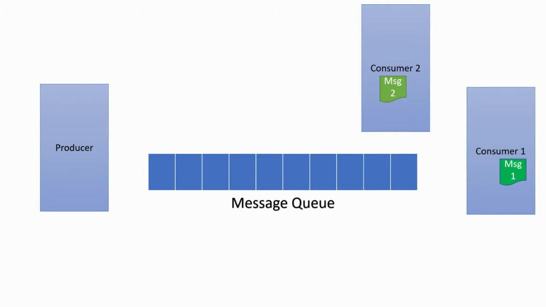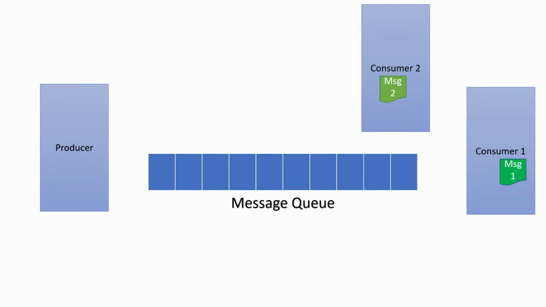The pub sub pattern that we know is naturally an extension of this message queue. There, each topic would be in the form of a queue, each producer produces to a particular topic, and there will be different subscribers to a particular queue.